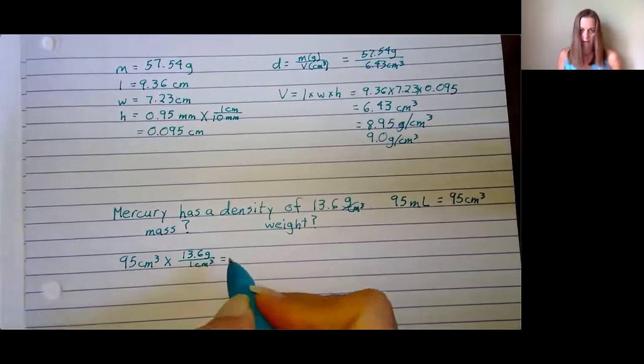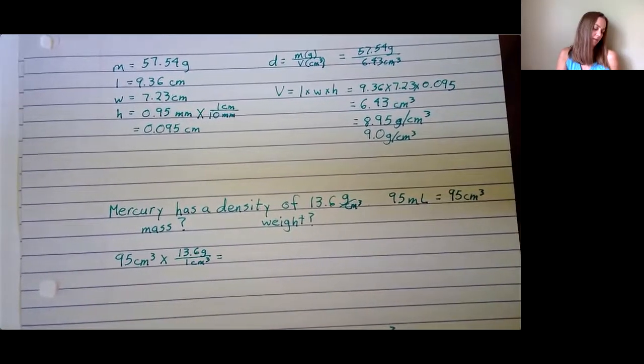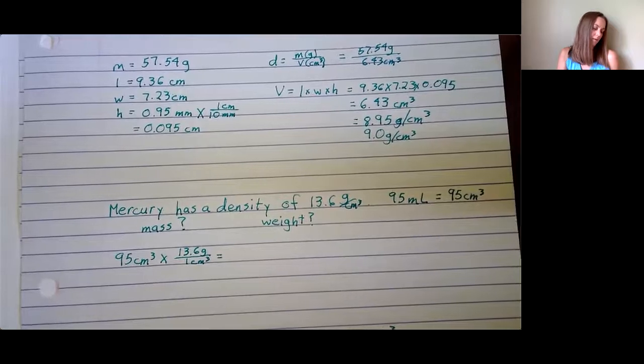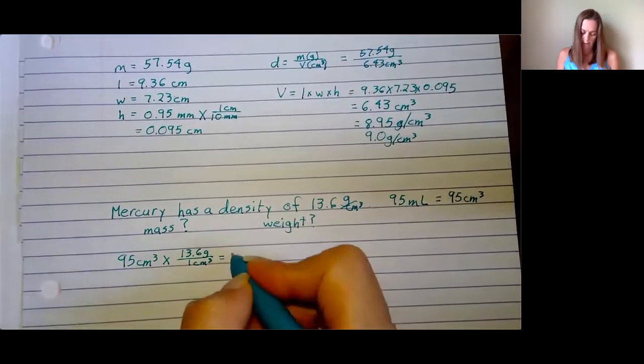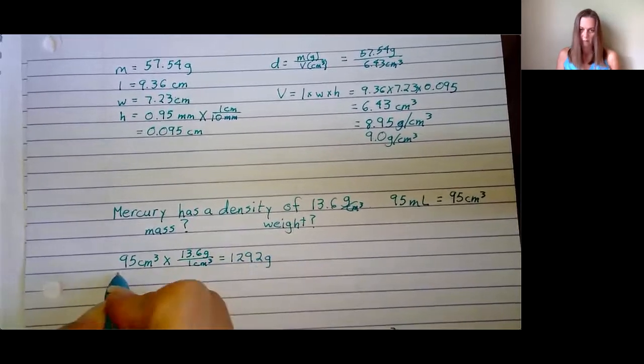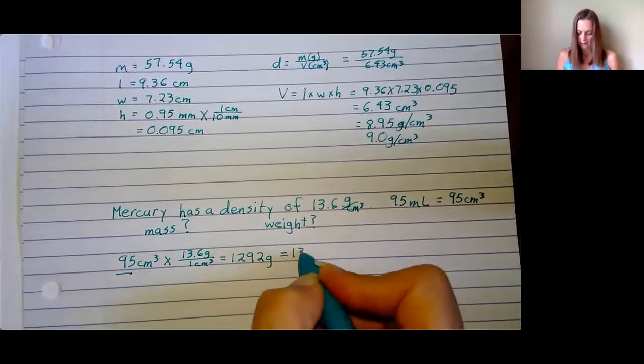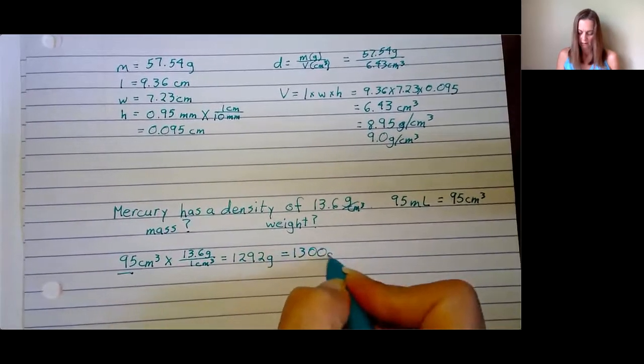And so I have a mass of 95 times 13.6. And that gives me 1,292 grams, but this number only had two significant figures. So I'm going to say that that's 1,300 grams.